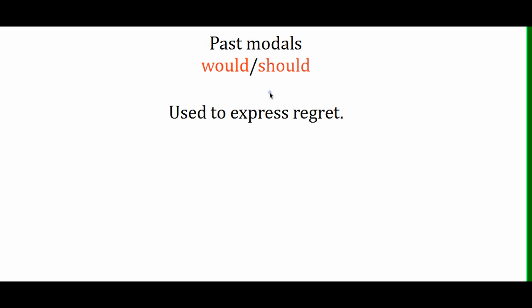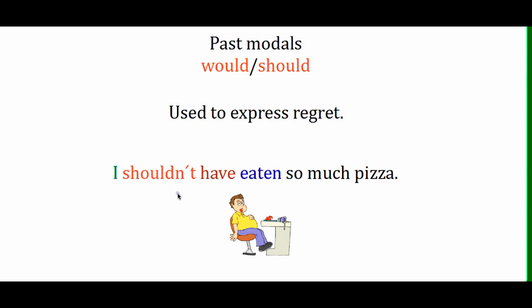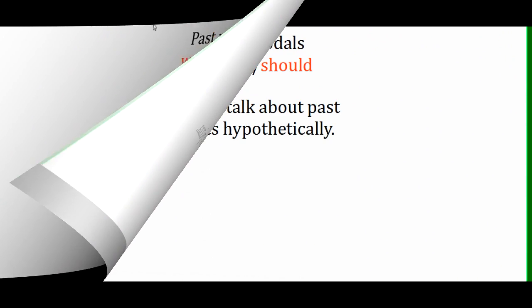So past modals using would and should can be used to express regret. So for example, I shouldn't have eaten so much pizza. This person ate too much pizza and now they regret the decision. So he says, I shouldn't have done that. I shouldn't have eaten so much pizza.